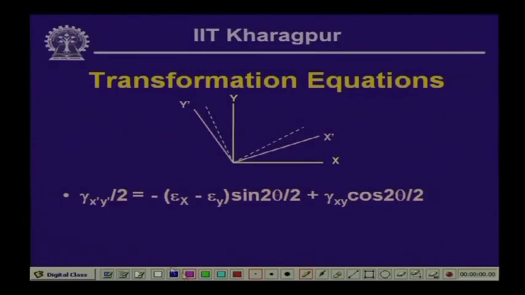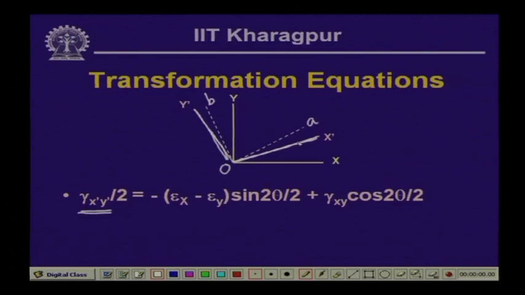So, here in this particular case, when we are trying to evaluate the shearing strain gamma x dashed y dashed, let us assume that we had a line O A which was originally lying along this O x dashed, and a line O B originally which was lying on the line O y.